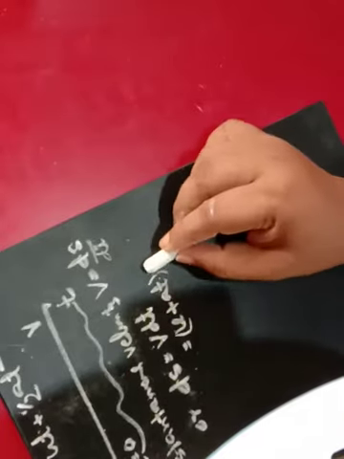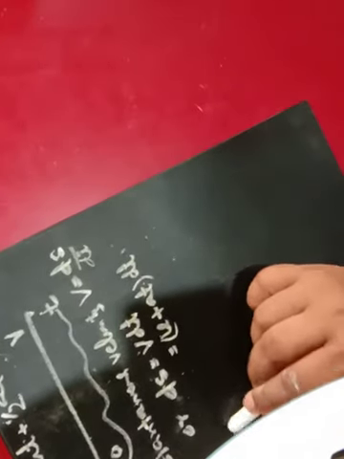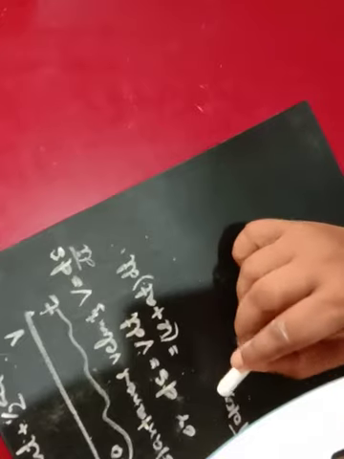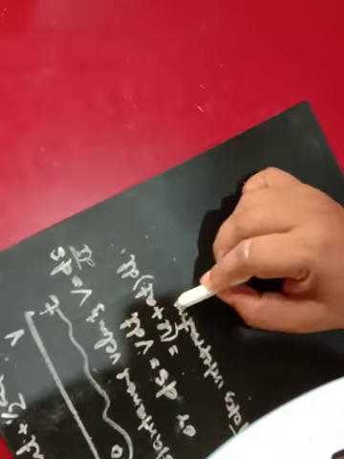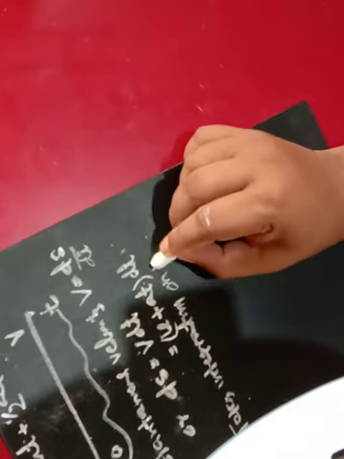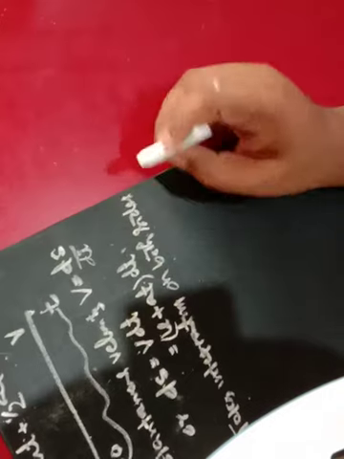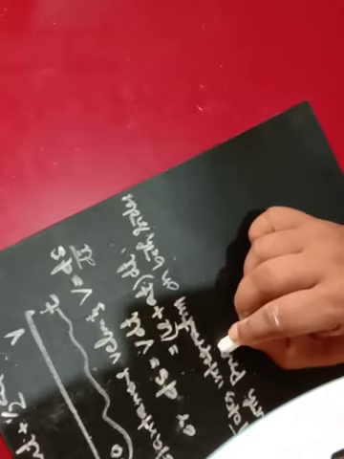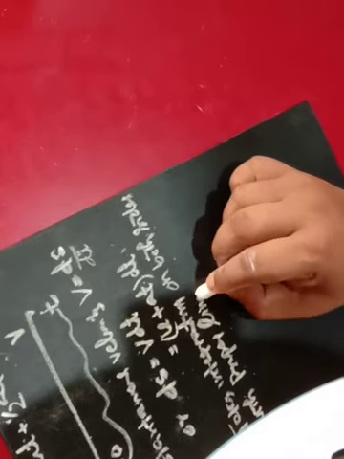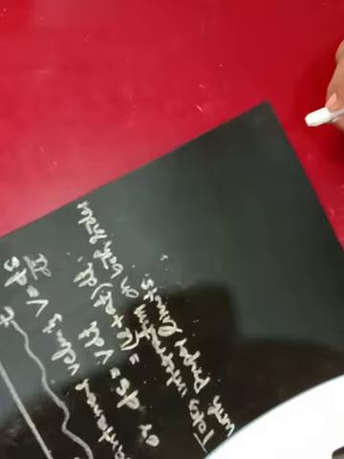So ds equals (u plus at) dt. Taking integration on both sides with proper limits.